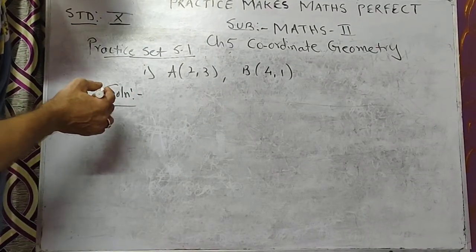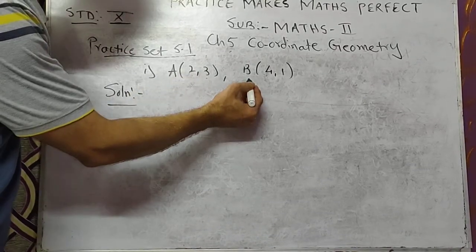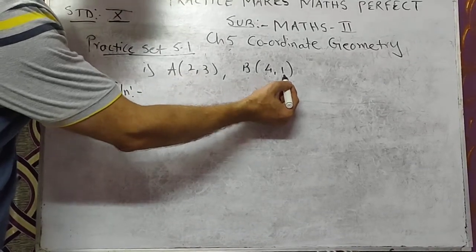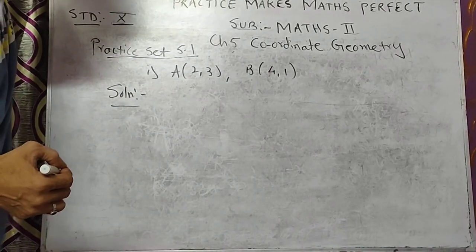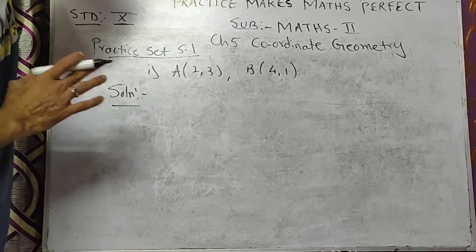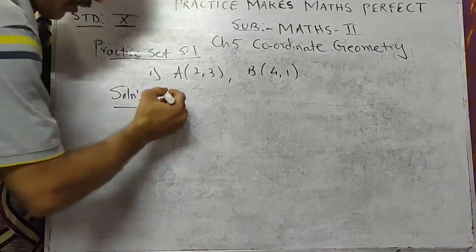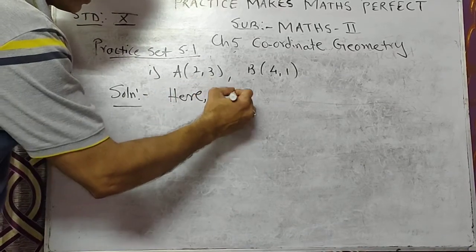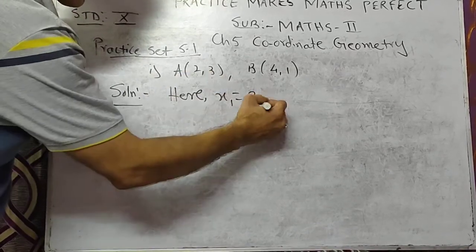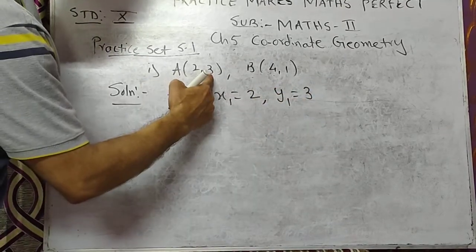Your first sum is this. A coordinate is 2, 3 and B coordinate is 4, 1. And the question is find the distance between each of the pair of the points. You have to find the distance between this AB. Okay, so here first of all you have to write x1 is equal to 2, comma y1 is equal to 3. x1 y1.